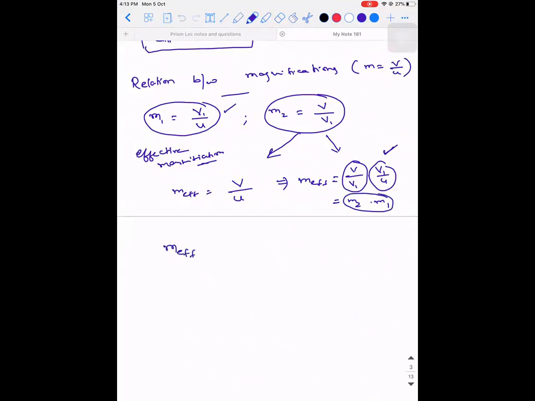M effective is equal to M1 into M2. So the magnification is not getting added, rather it is getting multiplied.